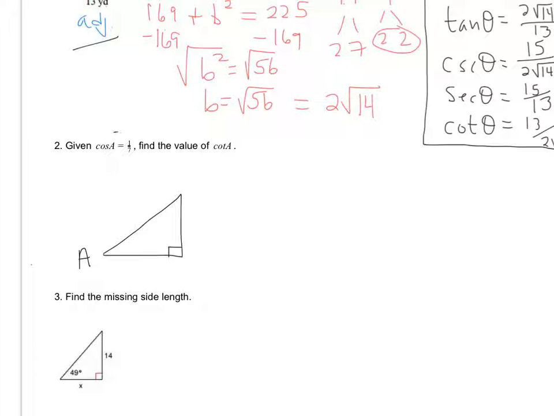Now it says the cosine of A is 1/7. Well, we know the cosine is the adjacent divided by the hypotenuse. That's a known thing. Cosine of some angle is adjacent over the hypotenuse.